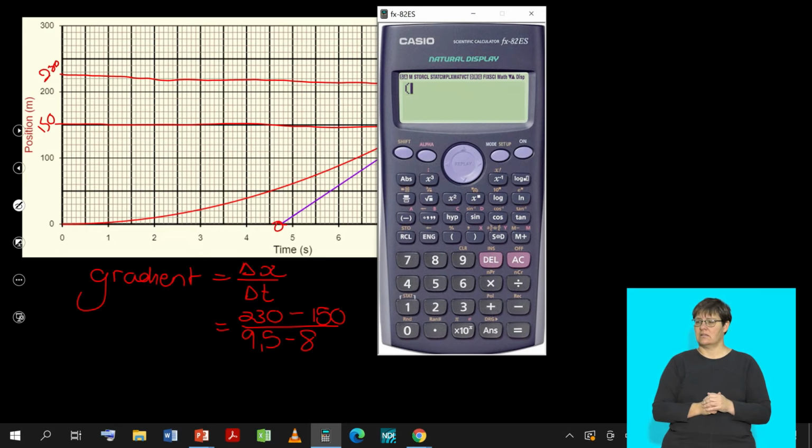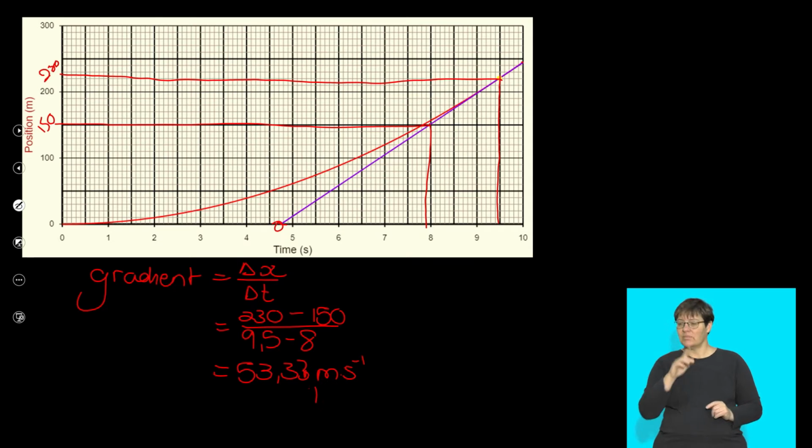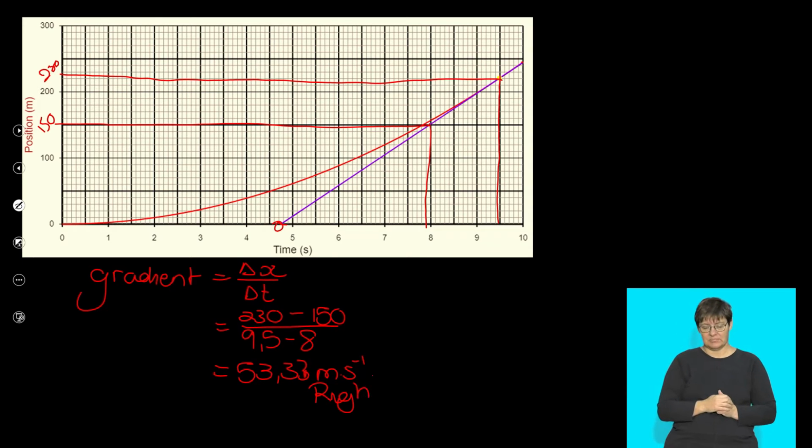Can't do this in my head. 230 minus 150 divided by 9.5 minus 8. And we get 53.33. Much faster. And that's what we expected, and it's a velocity, so it's going to the right. All the time it's going to the right, still positive gradient, okay?